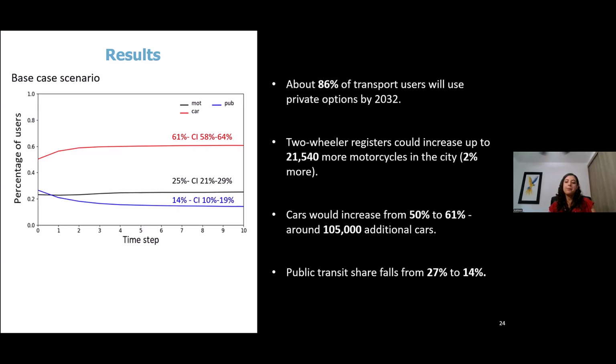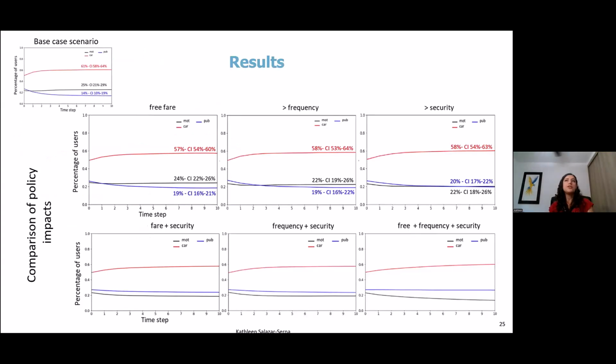And after this base case scenario, we introduced some changes in the model, because we wanted to see different interventions and how they impact the system. For example, we tried making public transit free, increasing the frequency, or improving the perceived security while using the buses.